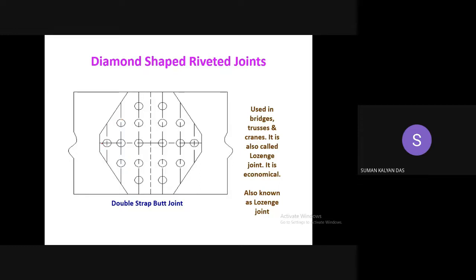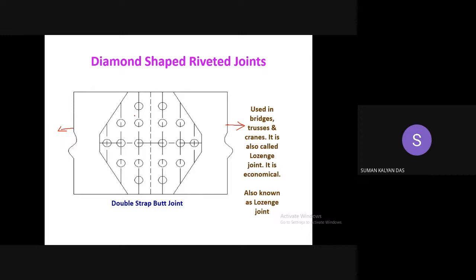Now the advantage of this: suppose I apply a tensile load on the original plate, this side and this side. So what will happen is, first of all, the joint will try to fail.